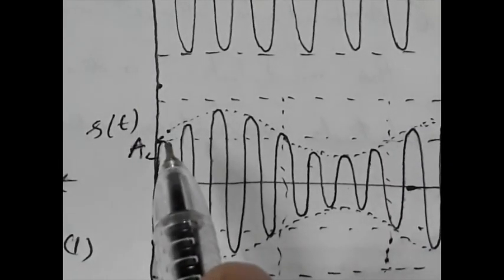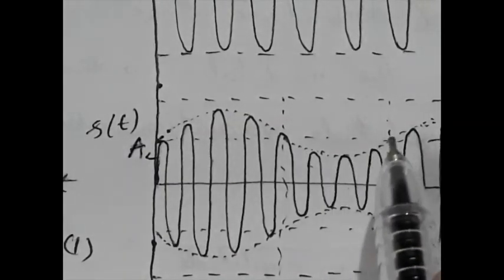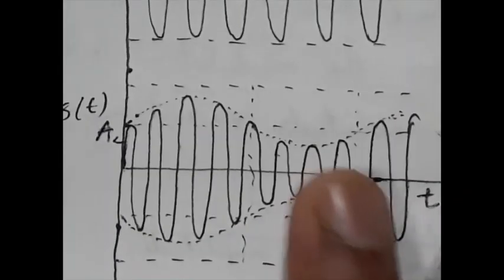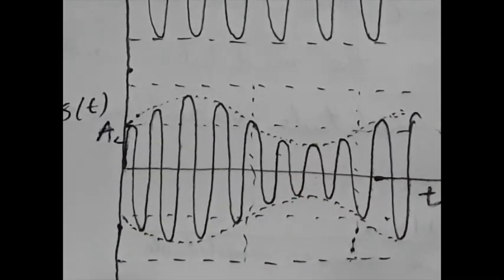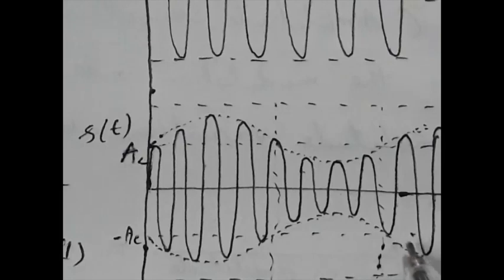So about this original amplitude Ac, you draw the replica of the original message signal, this one. Then on the lower side, about minus Ac, you draw the inverted version of the message signal like this.